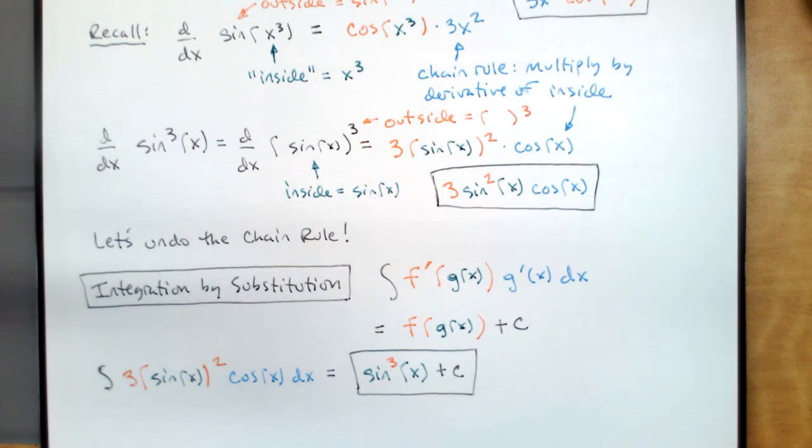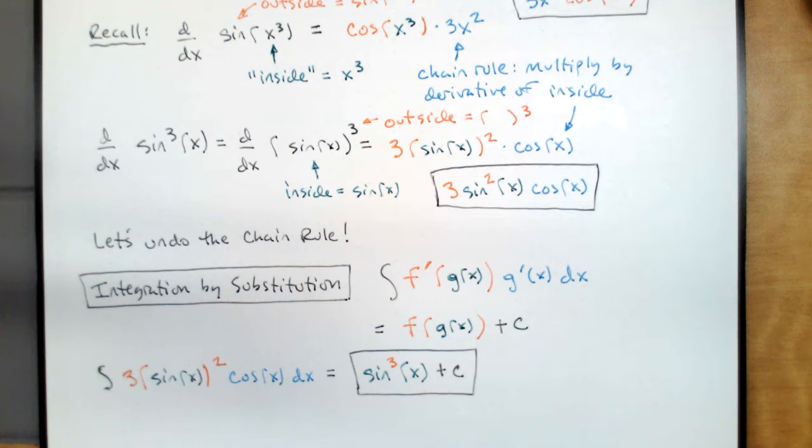Here's the color-coded version of what's going on. When I look at this, I see that the sine of x is sitting inside 3 times something squared. And I can use sine x as an inside function because I've got the cosine of x to be the derivative of the inside.